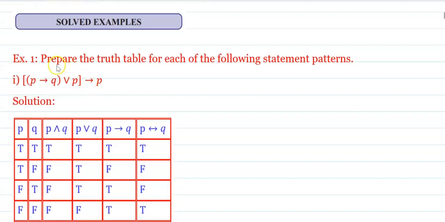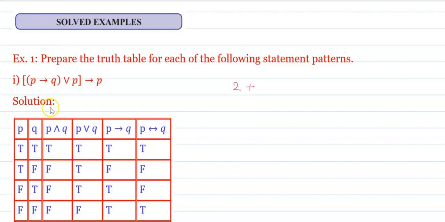First example, prepare the truth table for each of the following statement patterns. What is the first? (P implies Q) or P, the whole bracket implies P. Now here, how many statements are there? P and Q, these are the two.